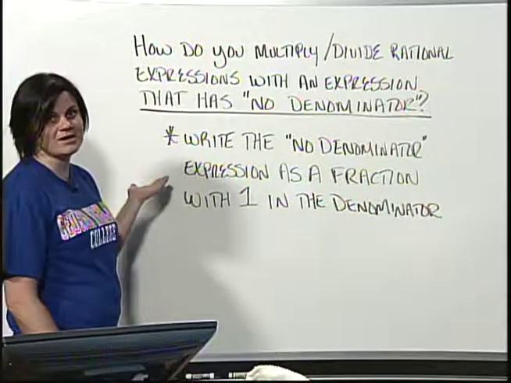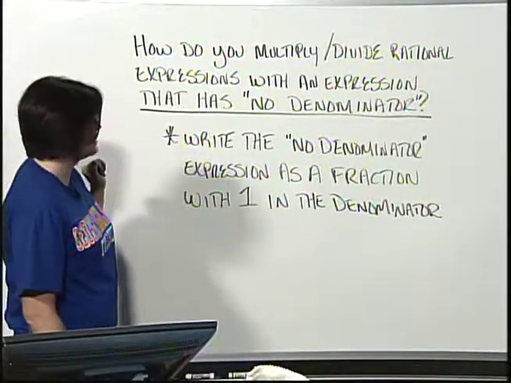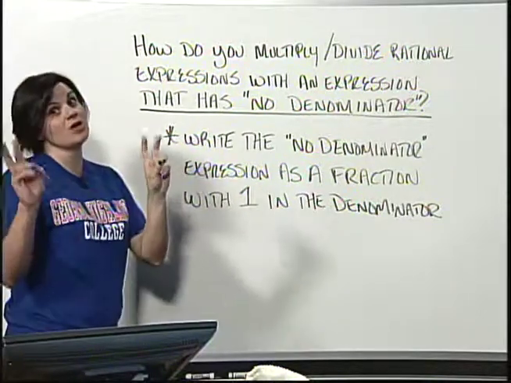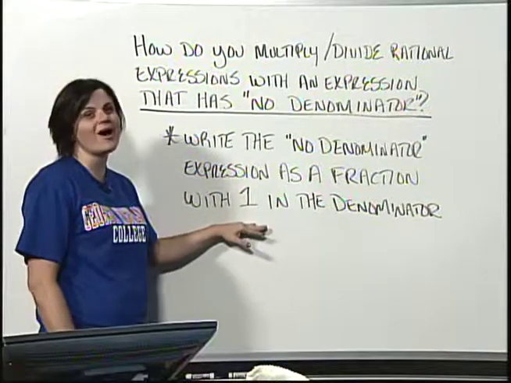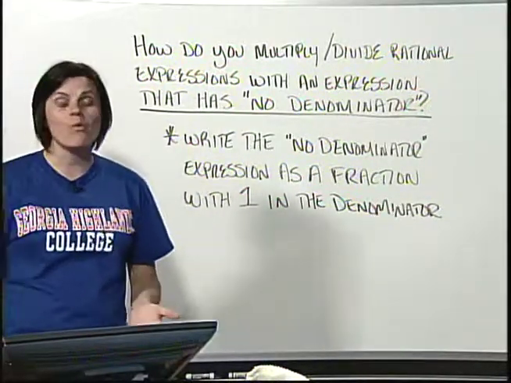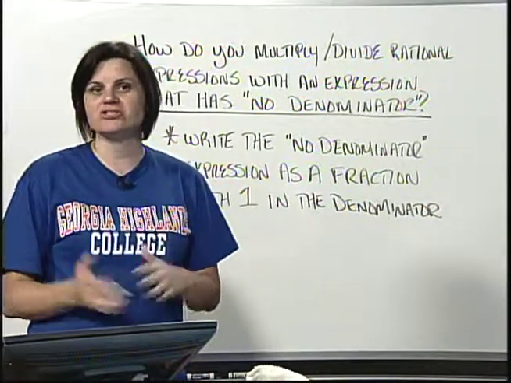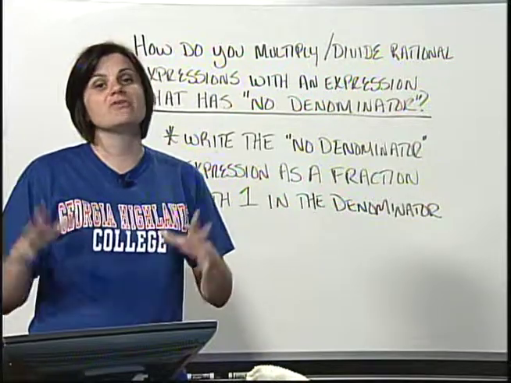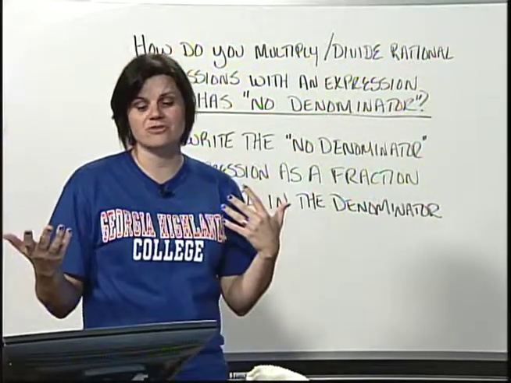So the way to remedy that problem is to put the denominator there that's understood to be there. So you're going to write the no denominator expression as a fraction with 1 in the denominator, because remember, anything divided by 1 is simply itself. So you can rewrite that expression with 1 in the denominator so that it looks like a rational expression that you can then either multiply or divide.